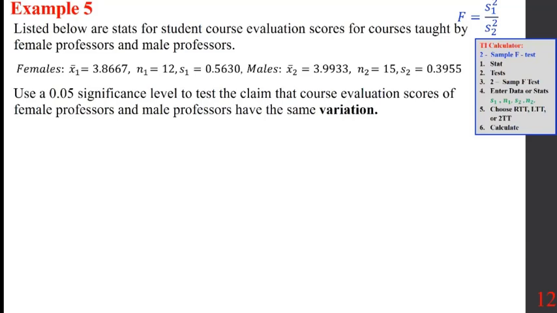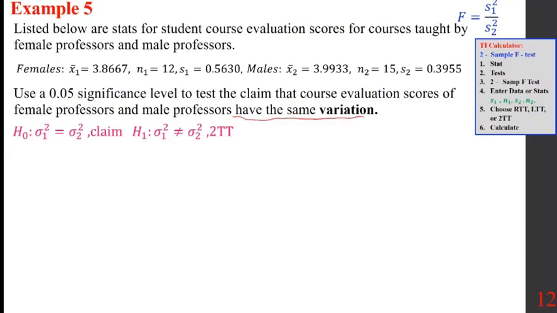The very first one obviously being H0 and H1. H0: sigma 1 squared equals sigma 2 squared. And that is the claim. Use a 0.05 significance level to test the claim that the course evaluation scores of female professors and male professors have the same variation. That is the claim.